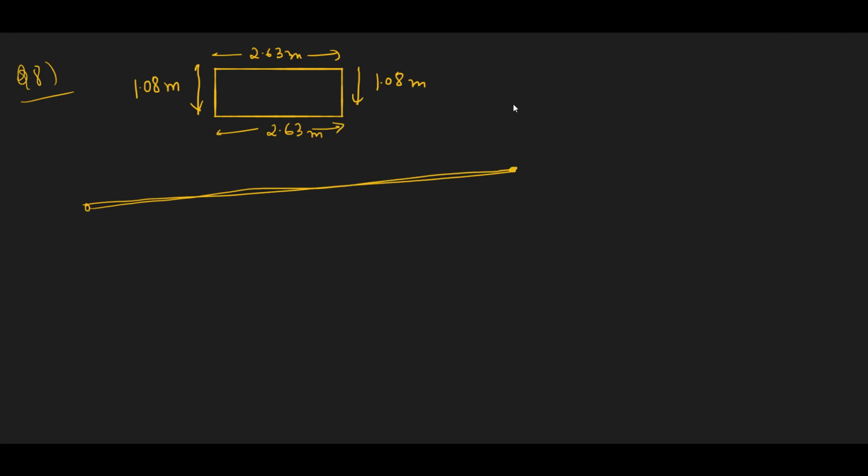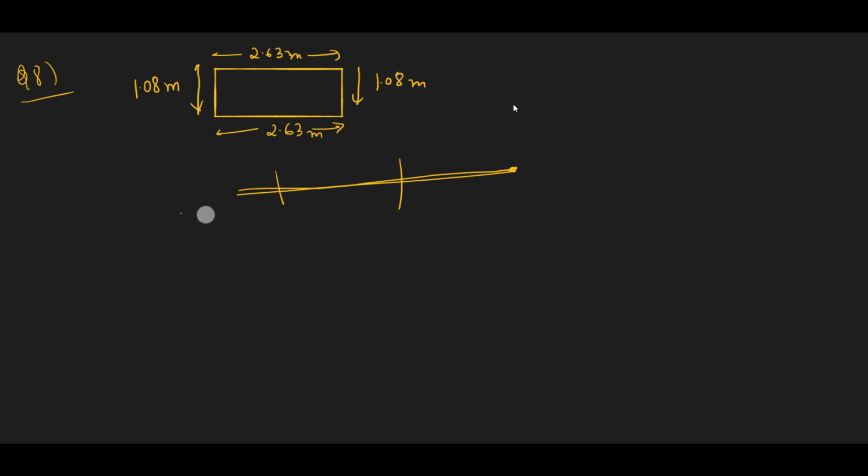That means if you have a very long piece of wood, how much would it be, or the minimum length of it, so that we can make this frame. We will cut it into 4 parts of this size, 1.08, 1.08, then 2.63, 2.63, and adding all of them together will give the actual length of the long wood that we need here.